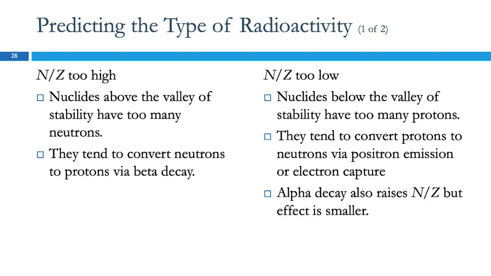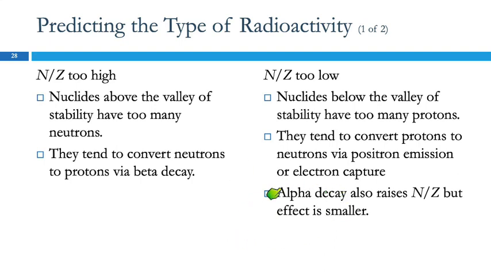So you decrease the numerator and increase the denominator, and you can get your ratio closer to a stable one. If the N to Z ratio is too low, that means you've got too many protons for the number of neutrons. So those will tend to do either positron emission or electron capture, where protons get converted into neutrons.